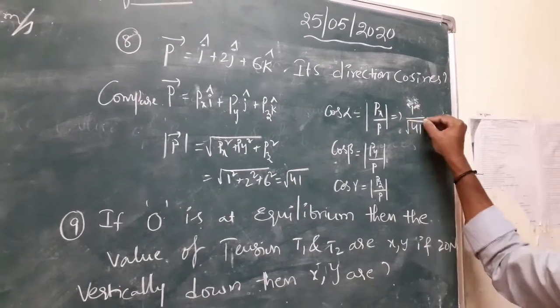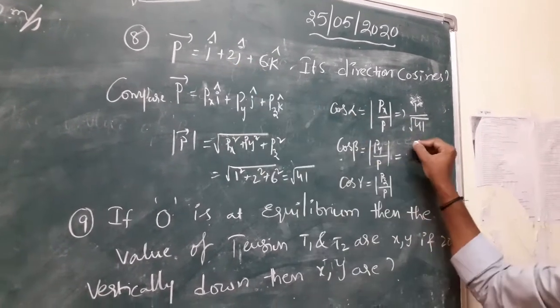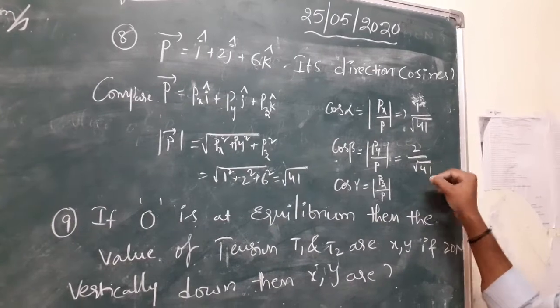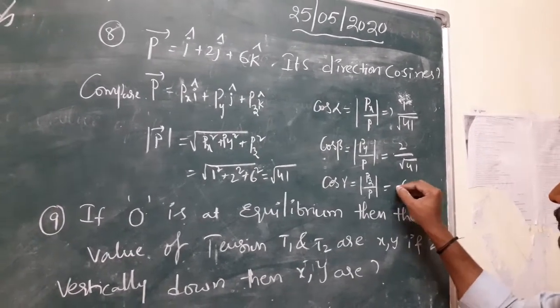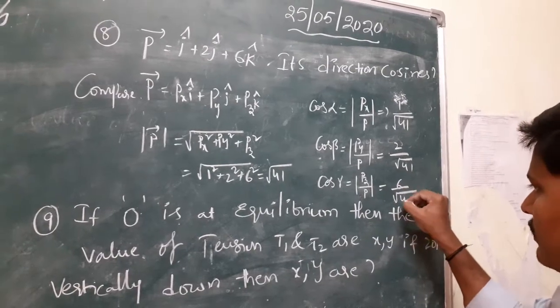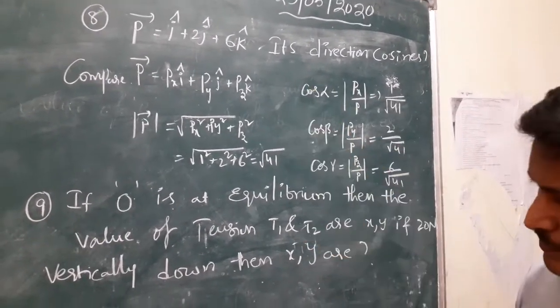Therefore the magnitude is root over 41. The x component is 1 by root 41, the y component is 2 by root 41, and the third component is 6 by root 41. These are the direction cosines.